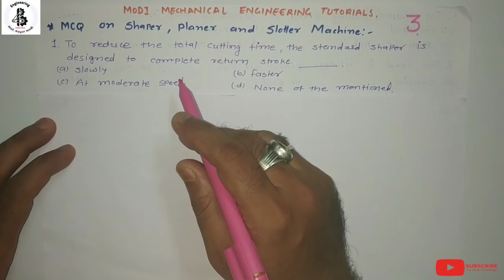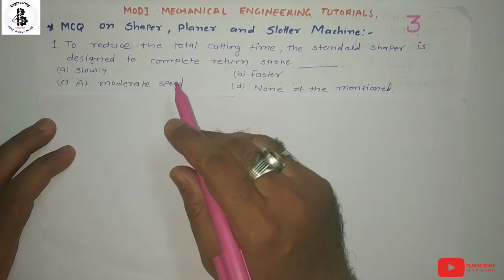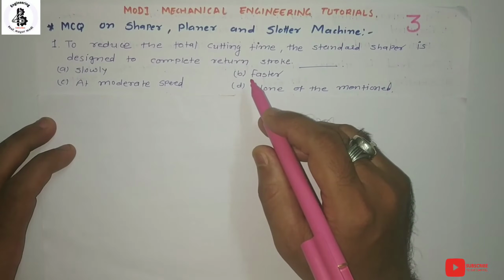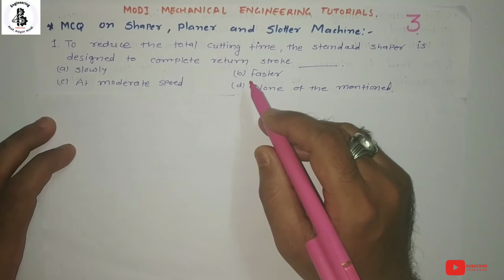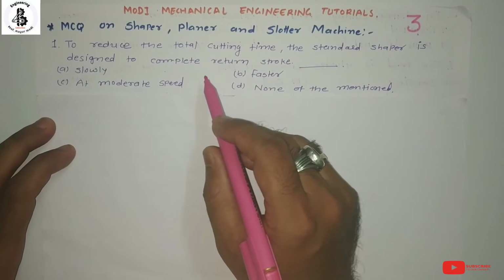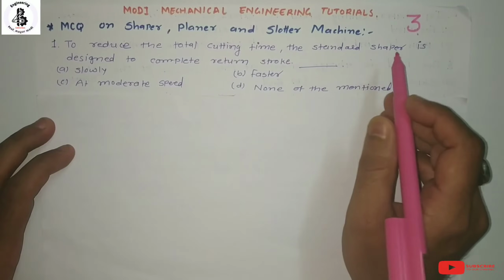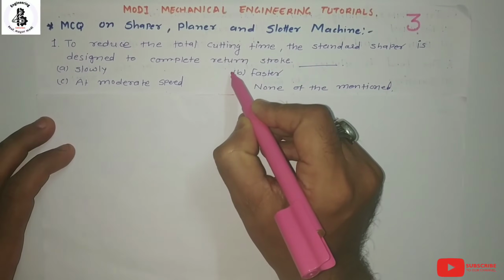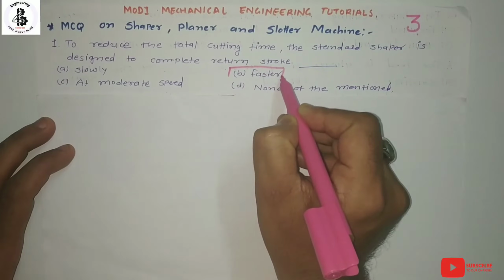So we need to complete the return stroke faster, and then we will reduce the total cutting time. So to reduce the total cutting time, the standard SHAPER is designed to complete the return stroke faster. So option B, faster.